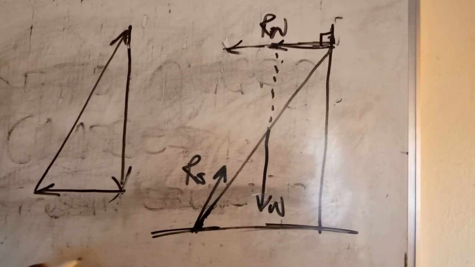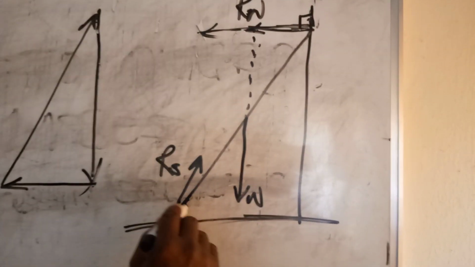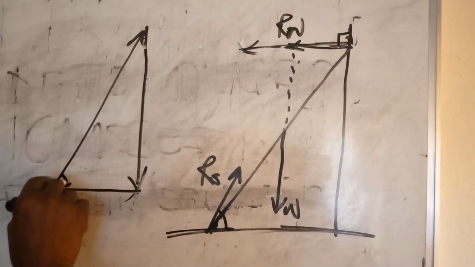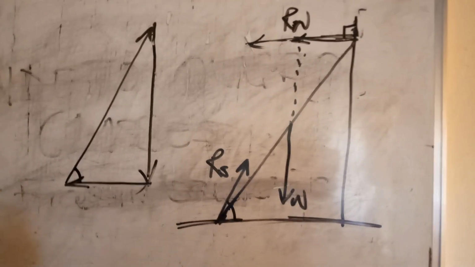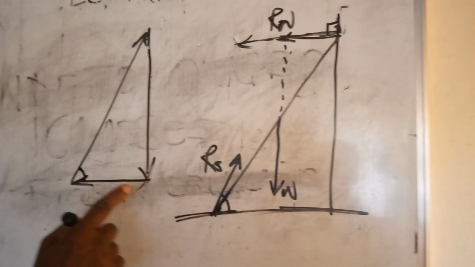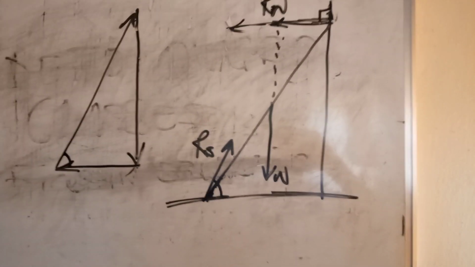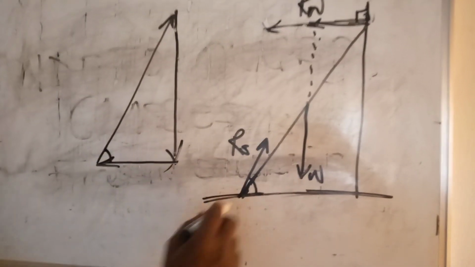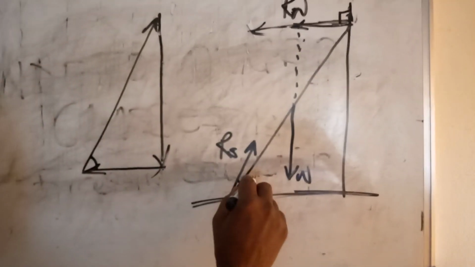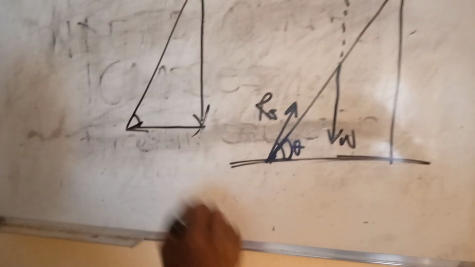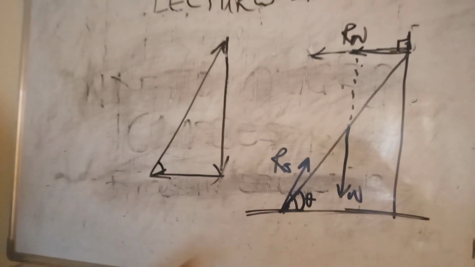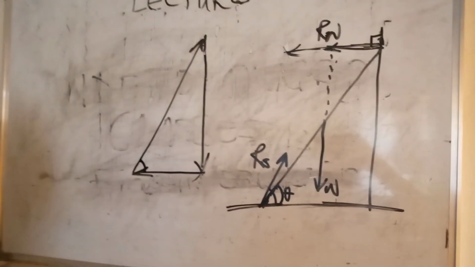But before we do that, we have to find the angle of the reaction between the ladder and the ground, because if we get that reaction, it will help us. As a matter of fact, we may know the angle the inclined ladder makes with the ground or with the wall.